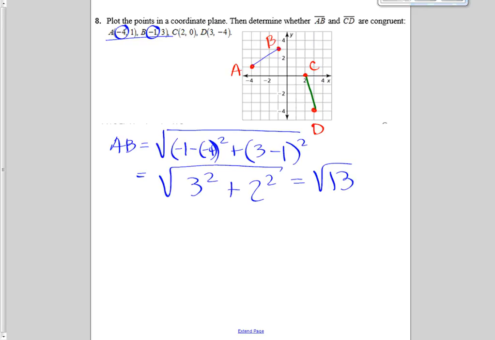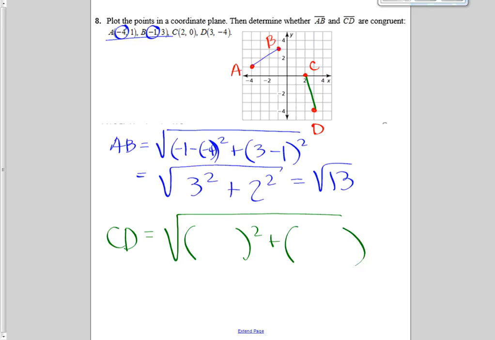I'm not going to go any further because I'm going to look at the next one and see if they come up with the square root of 13. So for the other one, CD, same idea. Distance formula. My 2 x's now are going to be 3 and 2. So I'll have 3 minus 2, which would be 1.